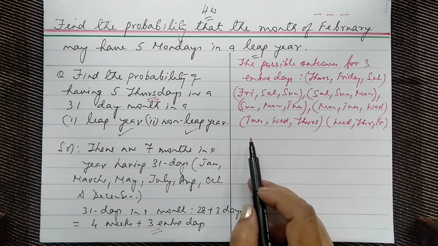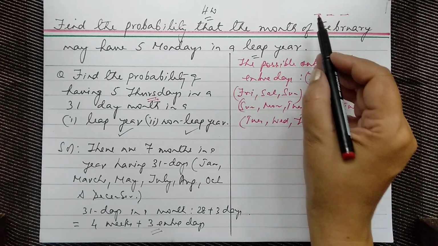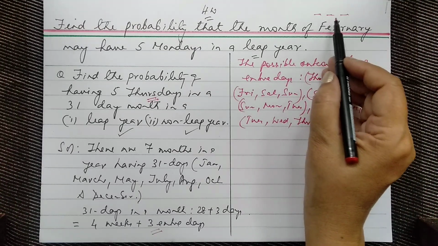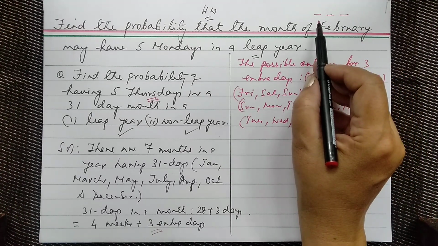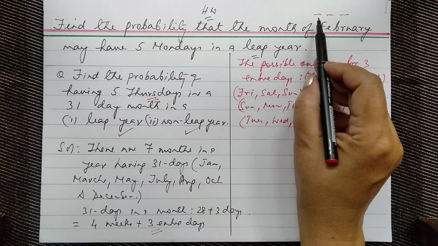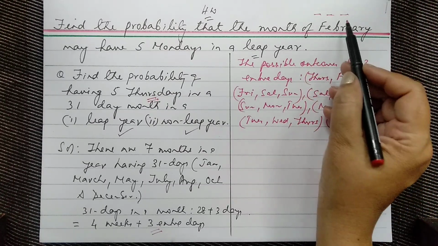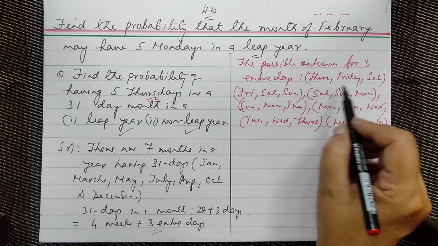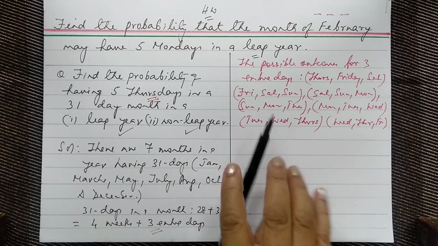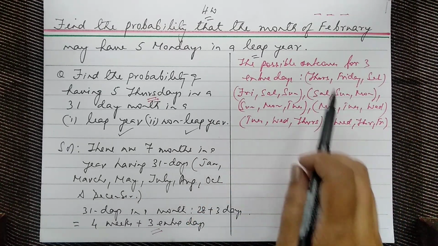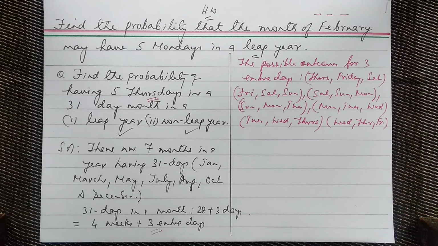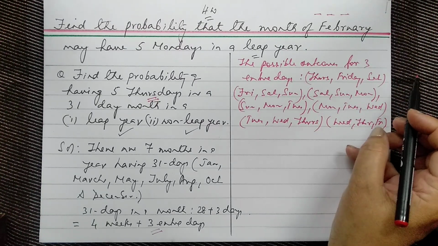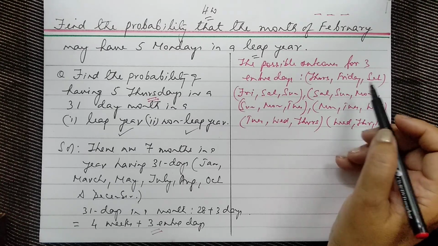After that, the next combination would be Thursday, Friday and Saturday, which we already have. Since we already have it, we put our pen down and look at it to search how many Thursdays are there in the combinations.